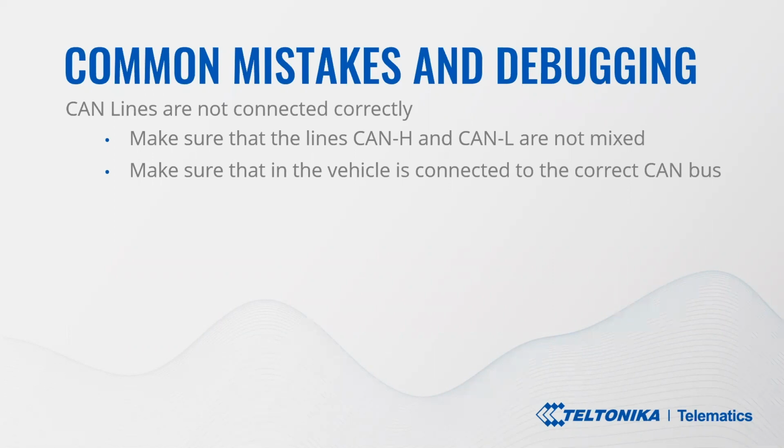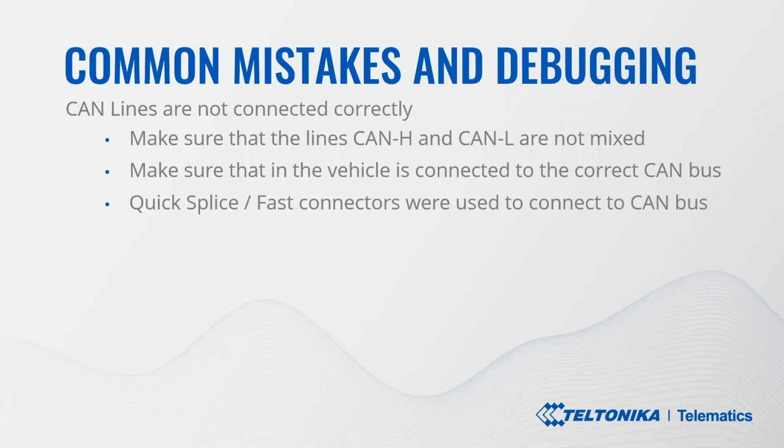It is very important to always follow the semantics and do the installations as provided in the semantics. Sometimes, in some occurrences, quick splice and fast connectors are not a fitting solution if the wires are very thin. So basically, in such a scenario, it would require a direct connection, and it is recommended to solder the wires.